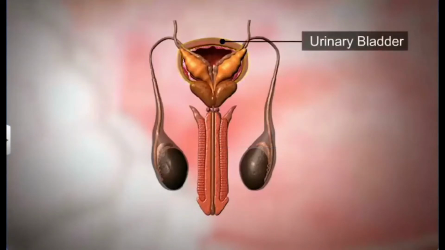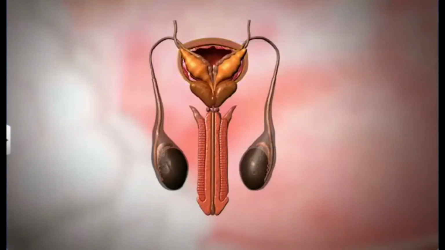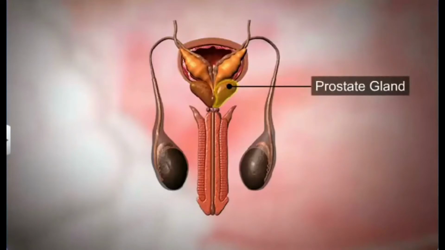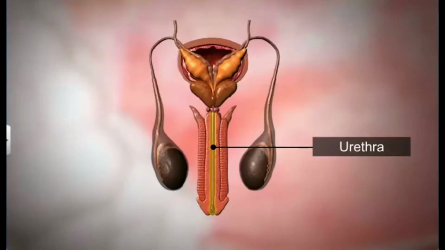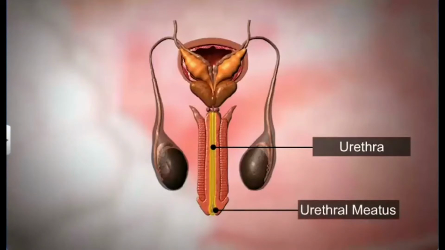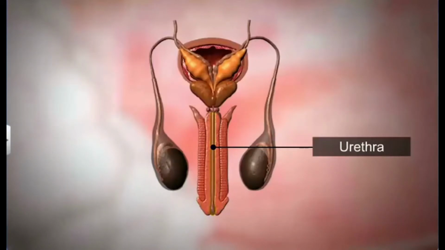The neck of the urinary bladder and prostate gland open into the urethra or urinogenital canal. The urethra extends through the penis to its external opening called the urethral meatus or urinogenital aperture. The urethra is the common passage for urine and semen.